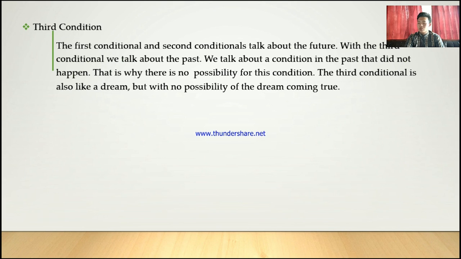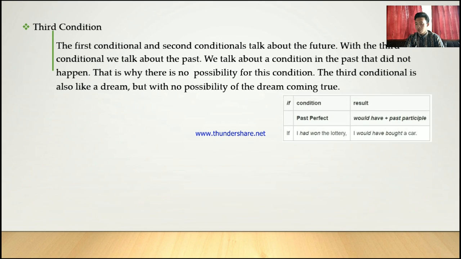The third conditional is also like a dream, but with no possibility of the dream coming true. This is the format of the third conditional. If plus condition is past perfect, plus result is would have plus past participle.